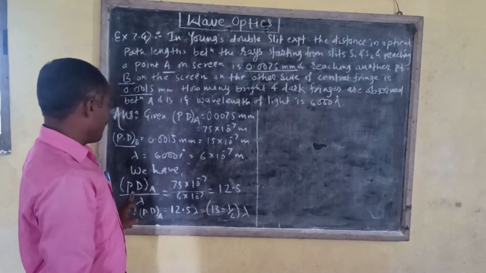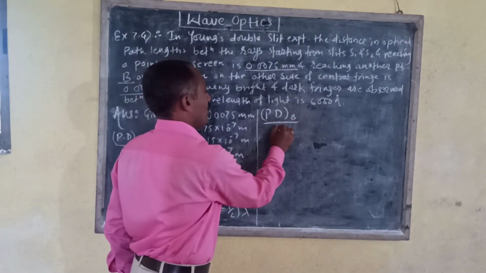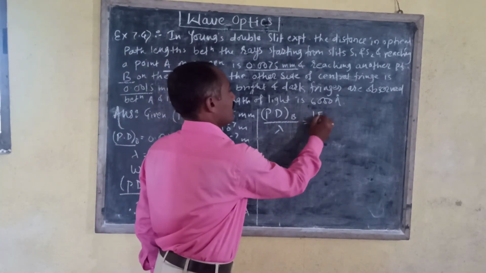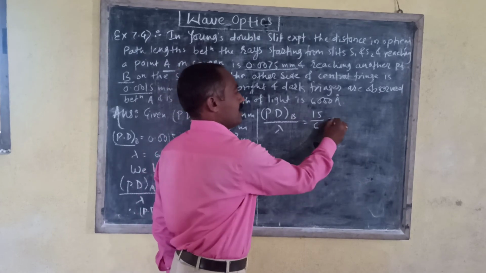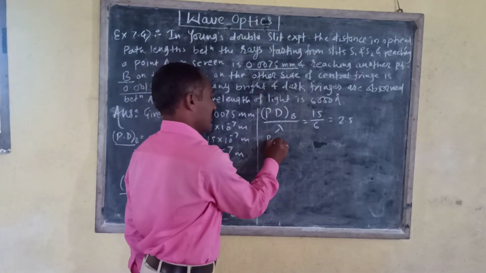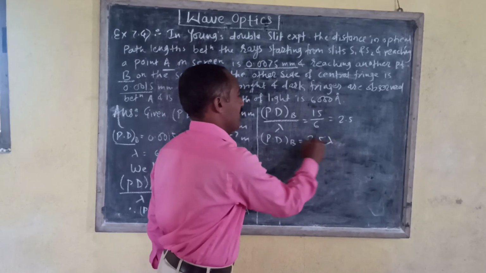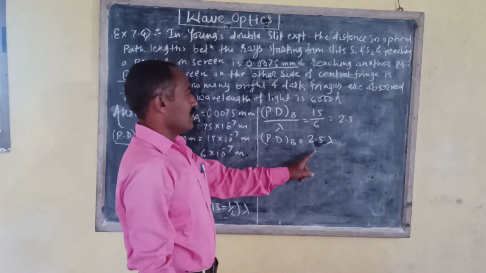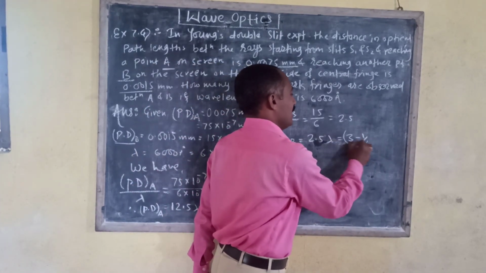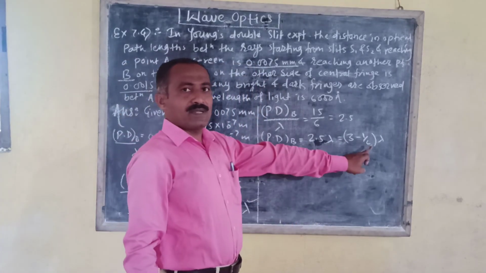Similarly, we can calculate the path difference at B upon lambda, we can write 15 upon 6 is equal to 2.5. Therefore, the path difference at B is equal to 2.5 lambda, and this can be written as 3 minus half into lambda. This is the path difference at A and this is the path difference at B.